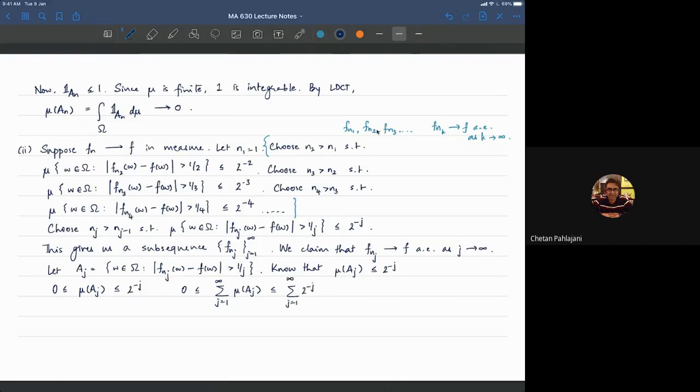And this thing starts at 1/2, so this is just going to be 1, which is finite. You guys with me so far? So the important thing is that the sum over j from 1 to infinity of mu(A_j) is finite.